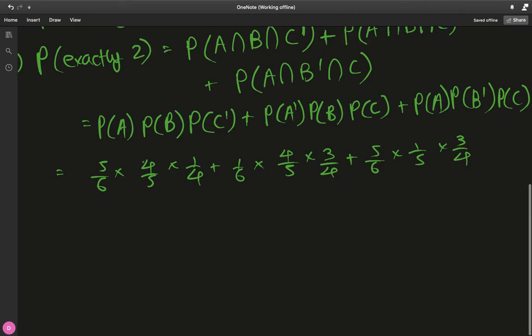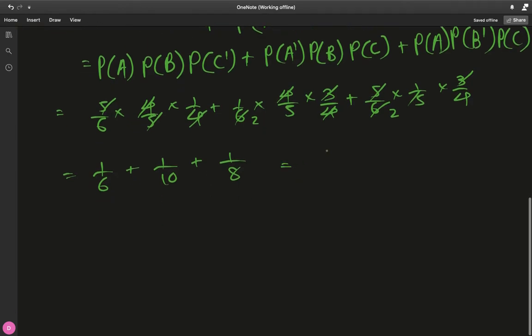So now 4 cancels out, 5 cancels out, we have 1 over 6. 4 cancels out, 3 cancels with 6 two times, and we have 1 over 2 times 5 is 1 over 10, plus 5 cancels out, 3 cancels with 6 two times, 4 times 2 is 8, 1 over 8.